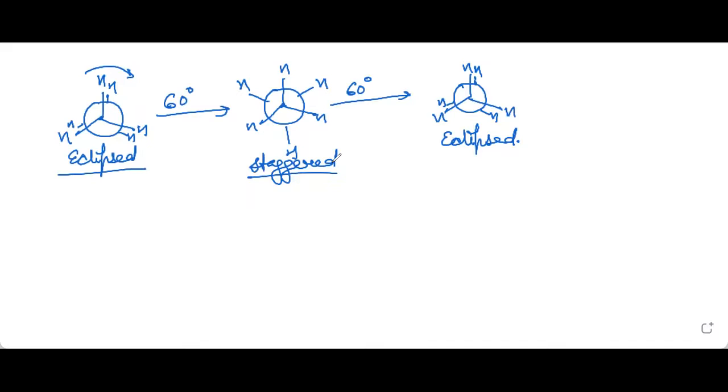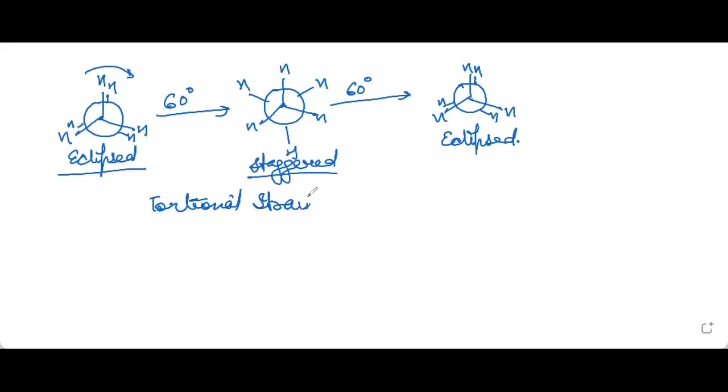The carbon hydrogen electron clouds are at maximum possible distance in staggered conformation, but they are very close in case of eclipsed conformation. The repulsive interactions between electron clouds which affect the stability of conformation is known as torsional strain.